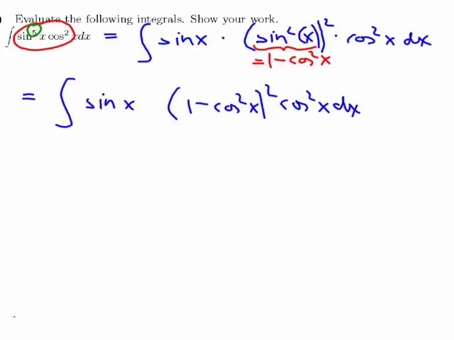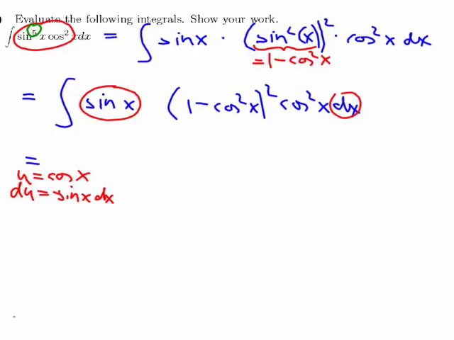We want to substitute to get rid of sine and cosine, and we've set it up so that we can just substitute a cosine. So our substitution becomes u is equal to the cosine of x, then du will be equal to minus the sine of x dx.